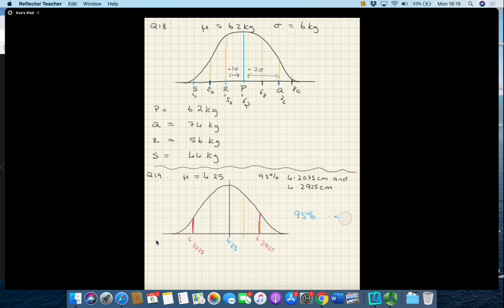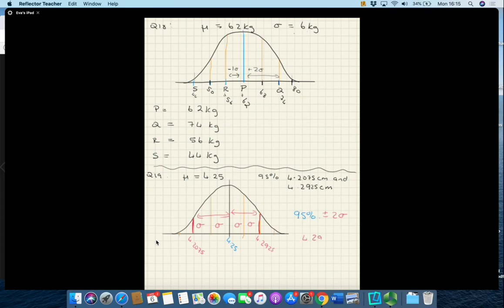It's plus or minus 2 standard deviations, so up 2 and down 2. Or in other words, if I count my standard deviations, there's 1, 2, 3, 4. So there's 4 standard deviations between those two numbers.